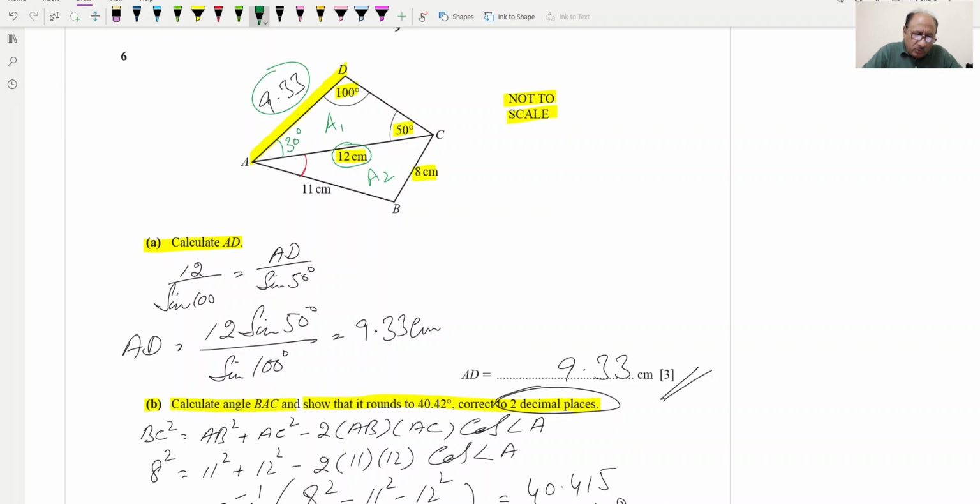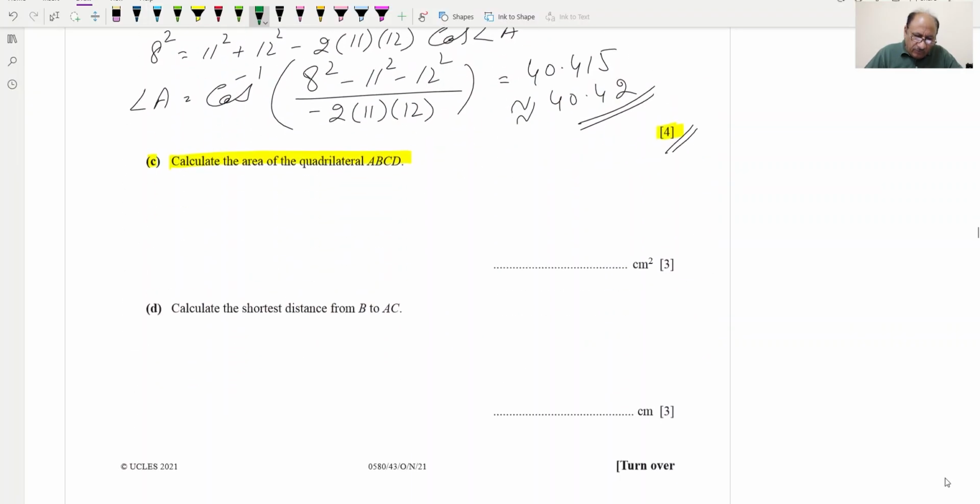So with 2 sides and the included angle we will apply the area formula, half into AB sine C. So the area of triangle A1, or you can call it triangle ADC or ACD, will be equal to 1 by 2 AB sine C: one side is 12, the other side which we calculated is 9.33, into sine of 30 degrees which we just calculated.